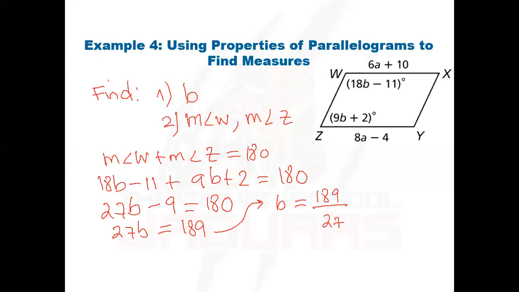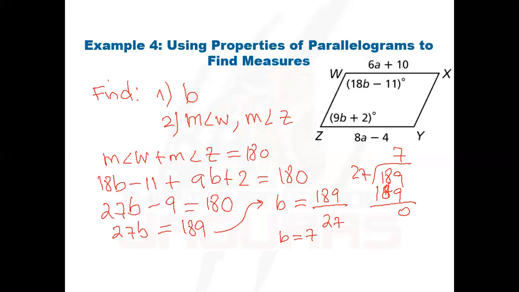If we divide 189 by 27, it gives us 7, because 7 times 27 is 189 with remainder 0. So the value of b is 7.